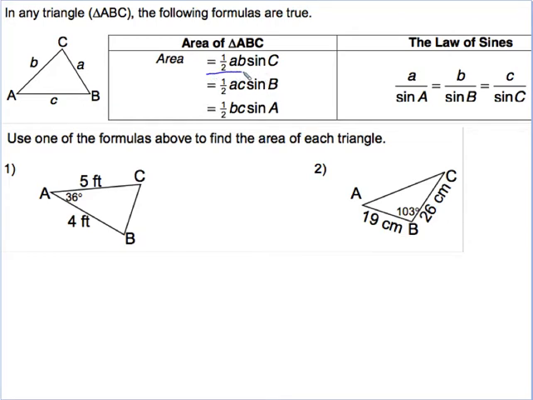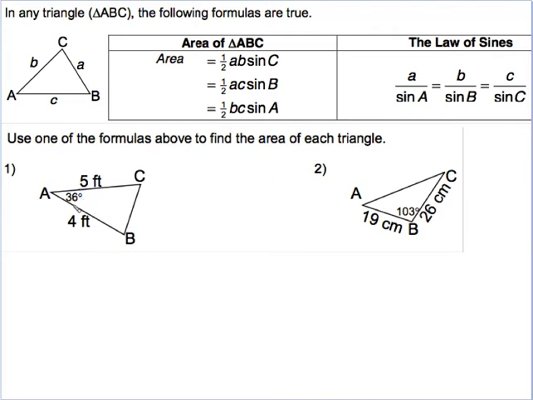I just have these proportions where I need to know 2 of the sides and an angle measurement that's in between the 2 sides. If I have that information, then I can find my area using these formulas here.